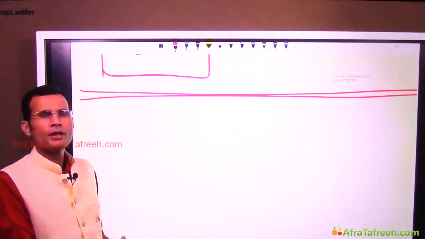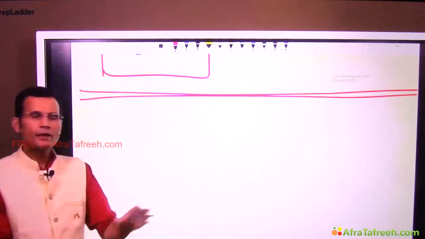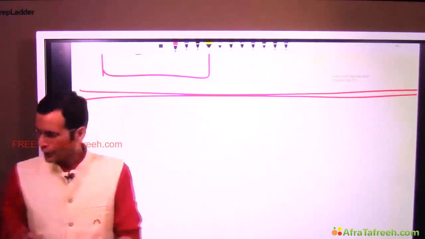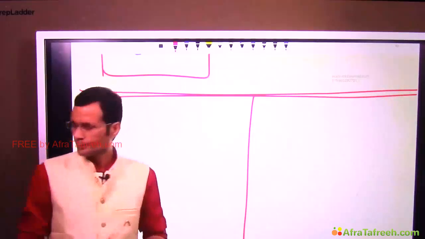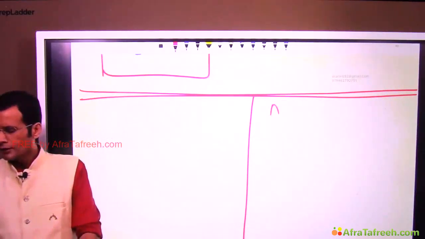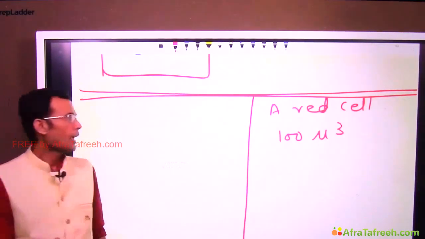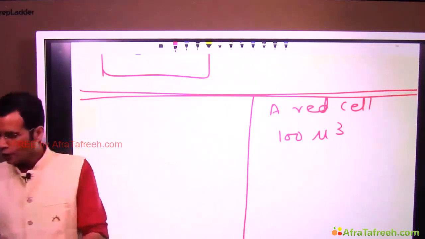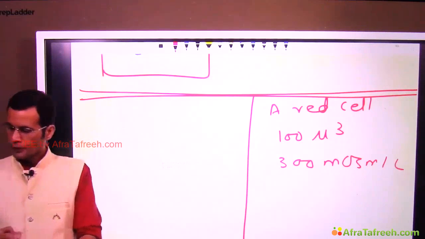What questions have been asked on this particular segment, just before we start? The problem solving type questions. For instance, a red cell with an initial volume of 100 cubic microns and intracellular osmolarity of 300 milliosmoles per liter.